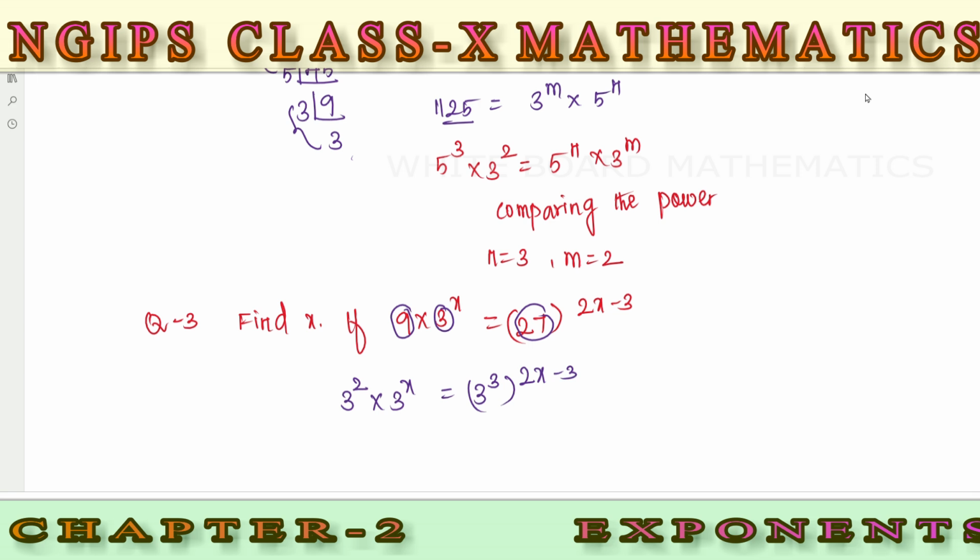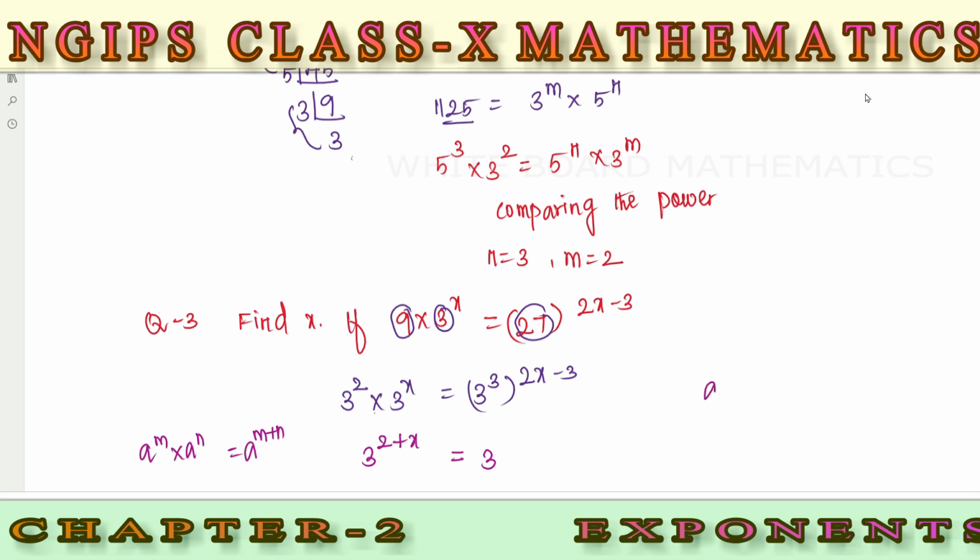So in this case, now listen carefully, when bases are the same and in between it is multiplication, I can apply the formula a power m into a power n is equal to a power m plus n. So 3 power 2 plus x I can write, which is equal to 3 to the power.